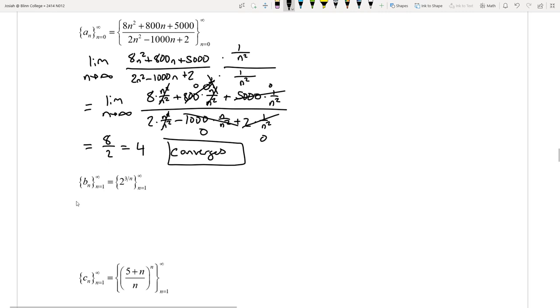For this next one, same question. The limit as n tends to infinity, does this go somewhere? Right, and for this one, we can evaluate. We've got 3 over n. This guy goes to 0. So we're looking at 2 to the 0, which is 1. So this guy converges as well.